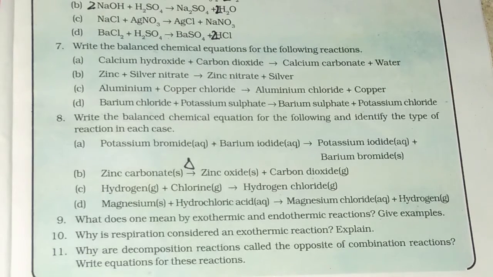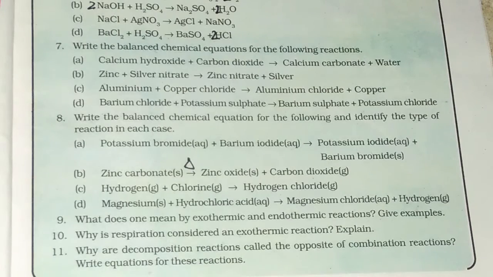So we can give some equations for all these. If you take decomposition, we can write silver chloride decomposing into silver and chlorine. We can even write water decomposing into hydrogen gas and oxygen gas. Under combination reaction, we can write hydrogen and oxygen reacting with each other to form water.